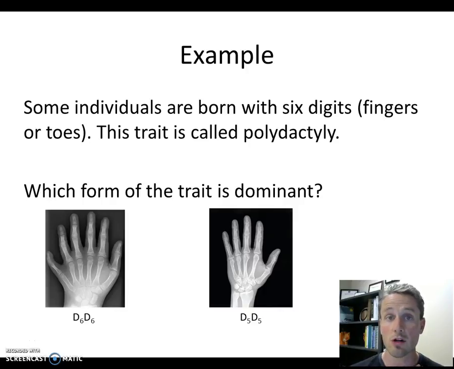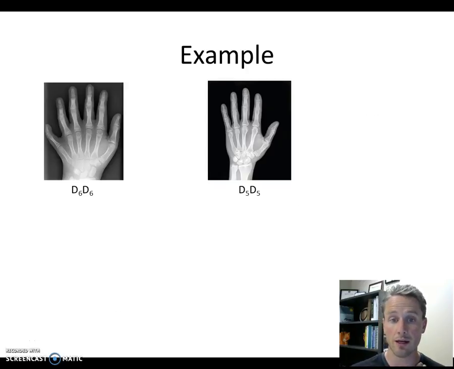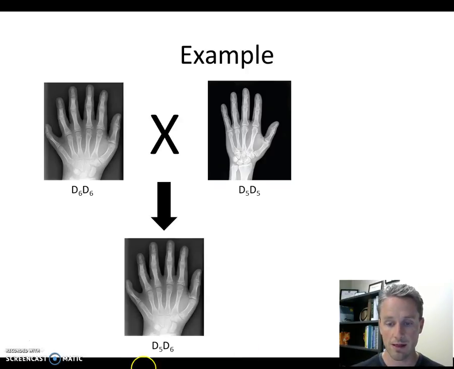All right, so in order to determine which trait is dominant, we have to cross these two people together. So we'll take a male with 6 digits and a female with 5 digits, we'll mate them together, and then we look at the offspring. Their offspring will be heterozygous because they're going to get one allele from each parent. One D6 from dad, one D5 from mom.